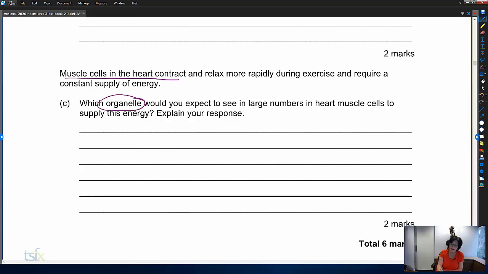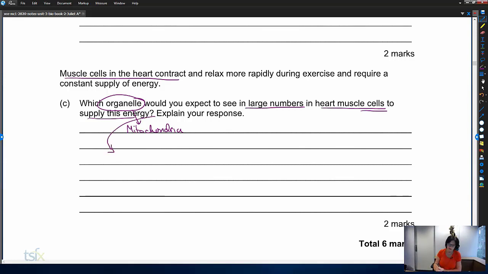Which organelle is in large numbers in heart muscle cells to supply the energy, and explain. Now, obviously, everyone wrote mitochondria. And that gave you a mark. That was the which organelle part. It's the explain part that people didn't do fully.